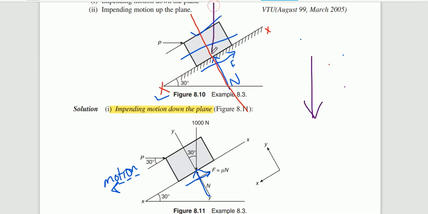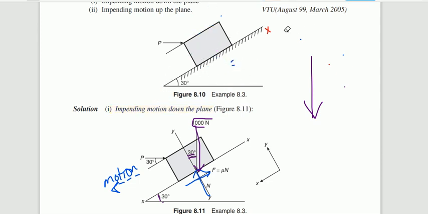So the weight of the block is vertically downward, and that has been shown. And the inclination I have shown: whatever the inclination of the plane, the same inclination you have to write with respect to the y axis, that is 30 degrees. N is over, F is over, the weight of the block is over, and P you need to draw. You just observe here, I will show it in this given figure only.